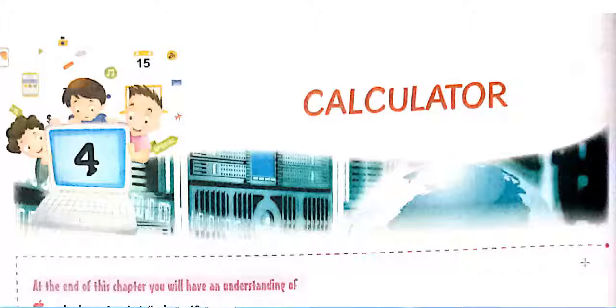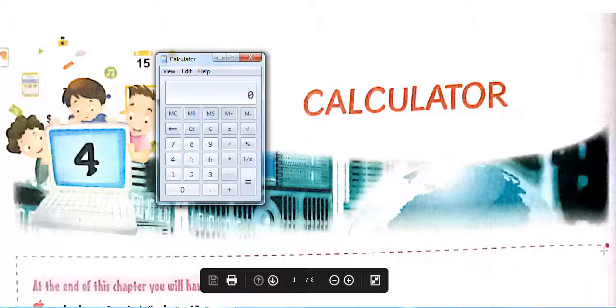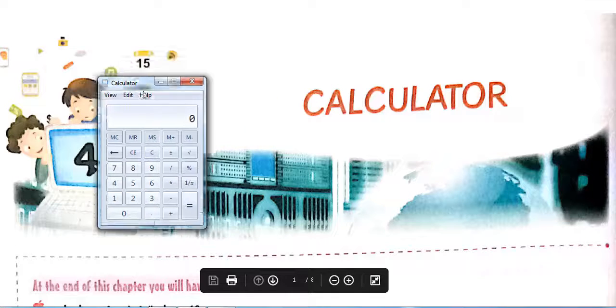Since then, calculators have come in many sizes and they are also built into most operating systems on computers as well as smartphones and tablets. A calculator software program is included in every version of Microsoft Windows. See, this is a calculator software application of Windows that you can see on your screen, this one.